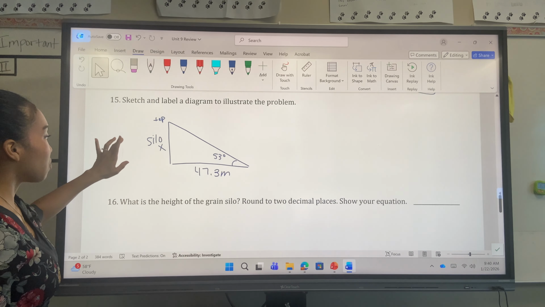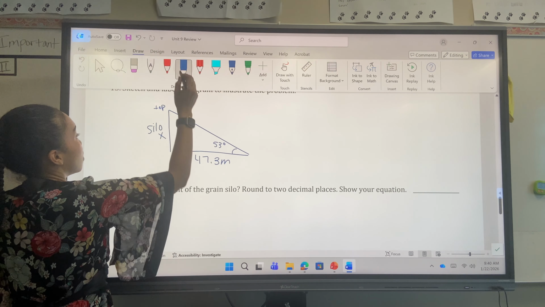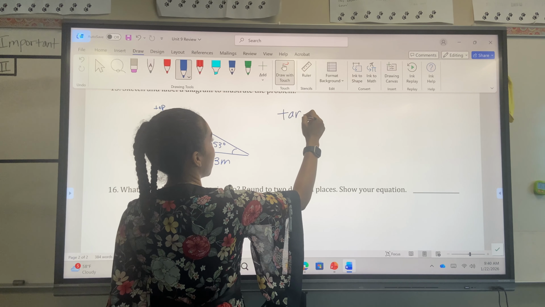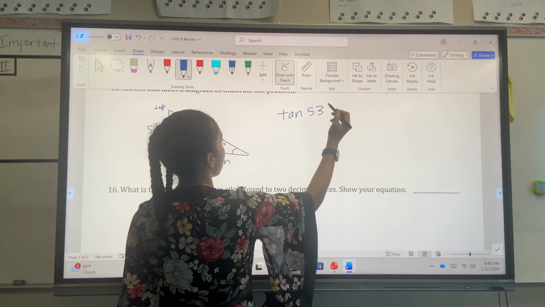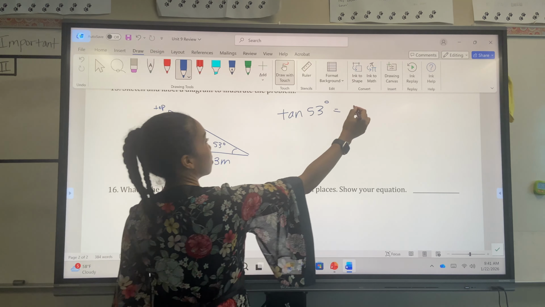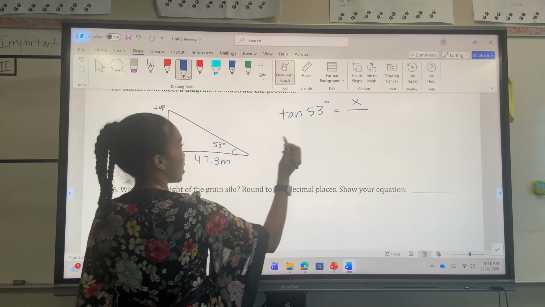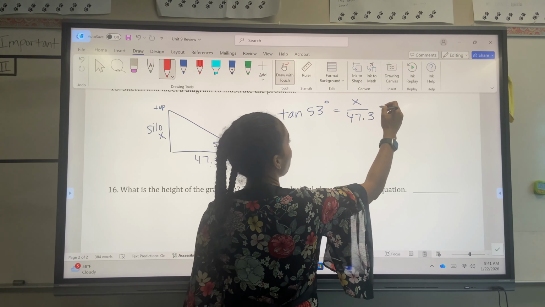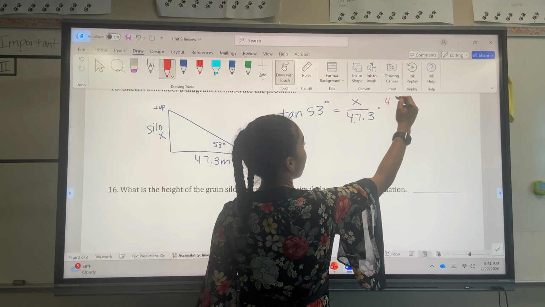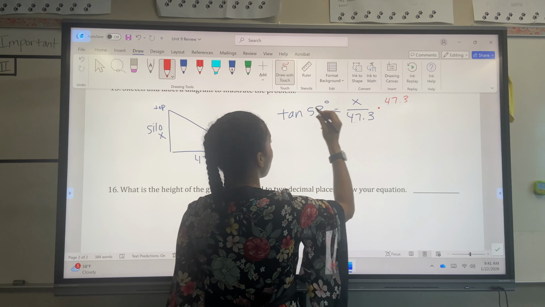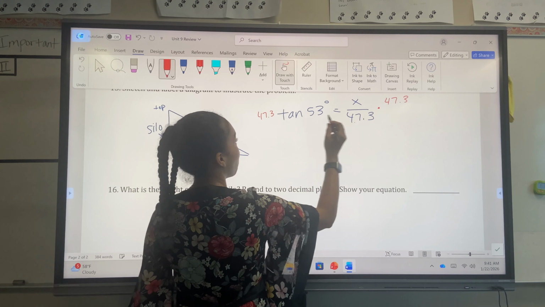Okay, so if we solve it, I have the opposite over the adjacent. That's tangent. Tangent is opposite over adjacent. So tangent of this angle is opposite, which I don't know, over the adjacent, 47.3. So I have to multiply both sides by this denominator. This is being divided by 47.3, so the opposite would be to multiply by 47.3.